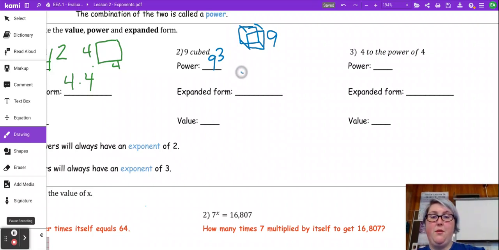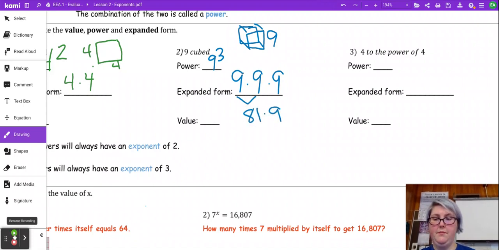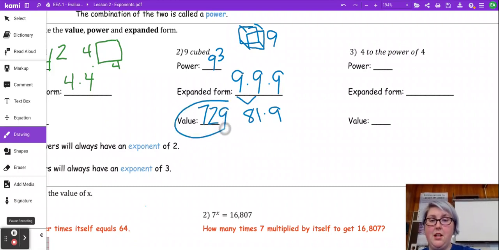So in expanded form, this becomes 9 times 9 times 9, or 81 times 9. Use a calculator, folks. You don't have to do this math in your head. I used a calculator, and 729 is the value, the answer to that problem.